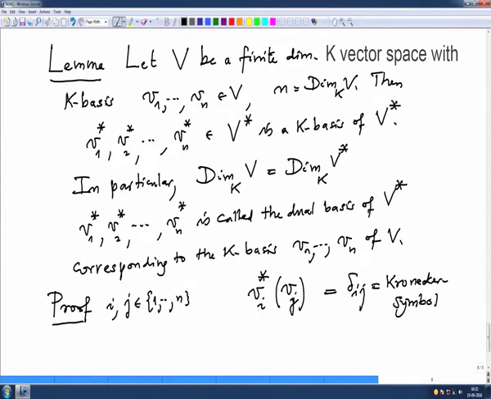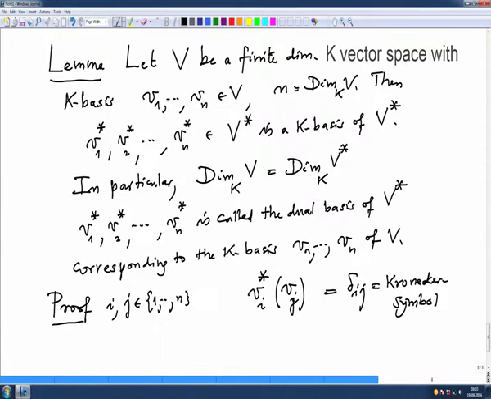It is clear, because if I want to evaluate Vi star on Vj, then I have to write Vj as a unique linear combination of V1 to Vn, but it is already one of the vectors. So, it is already in that form, and then the coefficient is 1. So, it is 1 when i is j, it is 0 when i is not j.